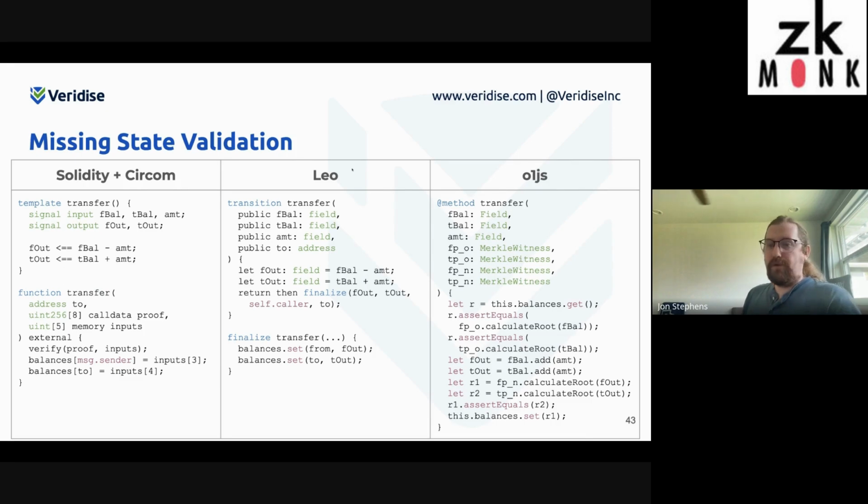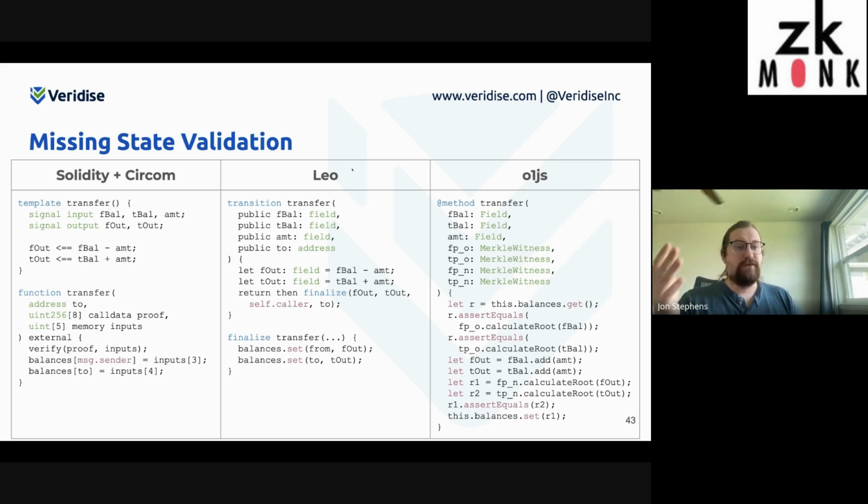And so I'm showing you 3 different versions of essentially the same code. That code is going to transfer value more or less privately. In Solidity and Circom, this is done by using the Circom template on top and the Solidity function on bottom. In Leo, I talked about the transition function and the finalize function, where the transition function is going to correspond to your ZK circuit.